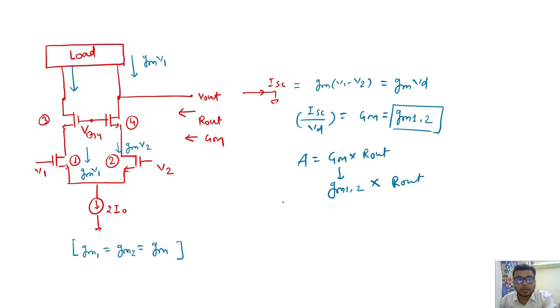To calculate the R out, I'll drop this particular cascode device. So on the input side, I have a structure. Now I will complete the design.